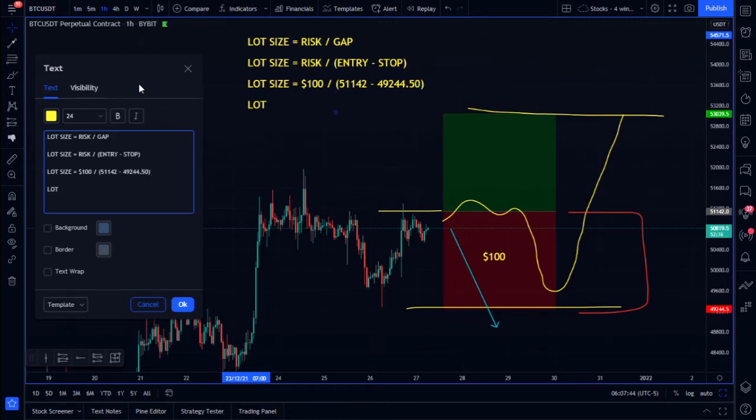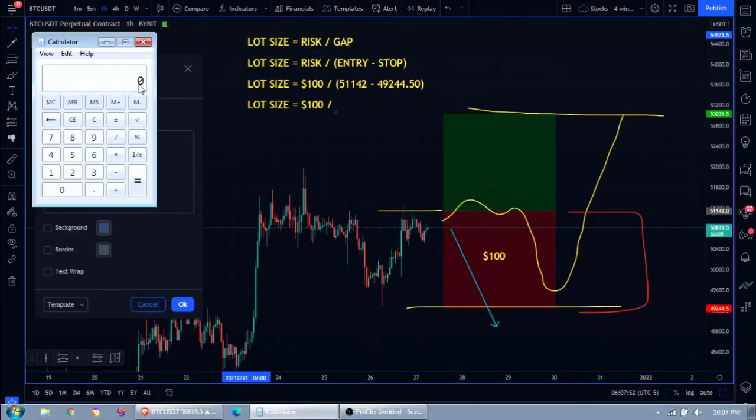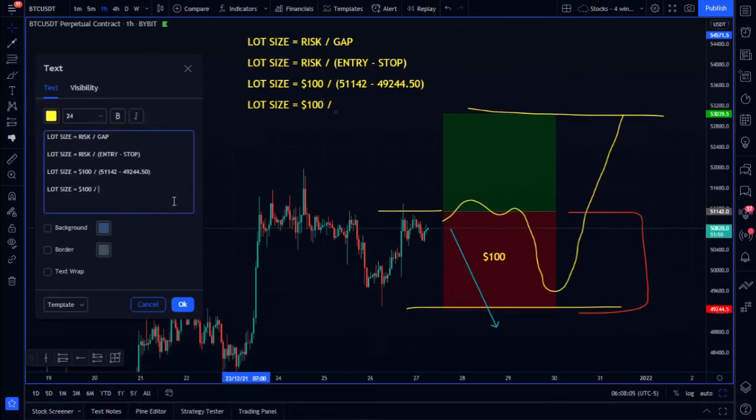Okay, lot size equals 100 divided by, let's grab a calculator, 51142 minus 49244.5. 1897.50. Cool.